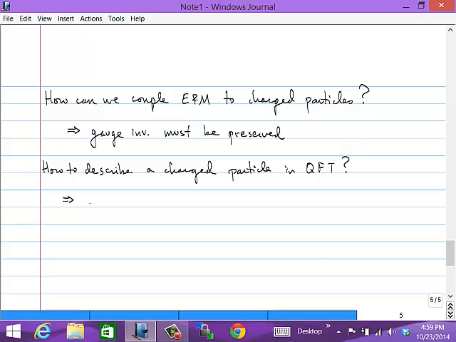And from that field, one should have a conserved current, which is the thing that will appear as a source term in Maxwell's equations.